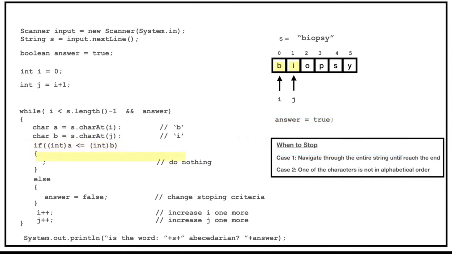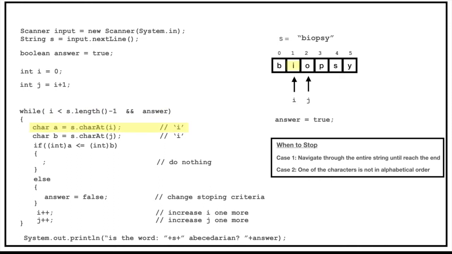So we're going to come here and do nothing. After doing nothing, we go directly and update our variables I and J by one more position. We come back to the while loop and check if this remains true, which is indeed true. We extract the next values.